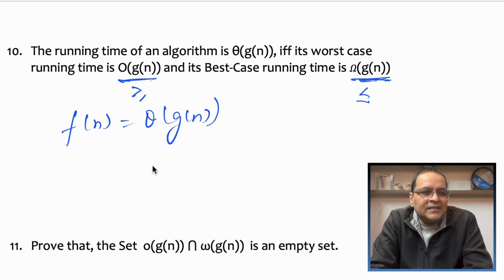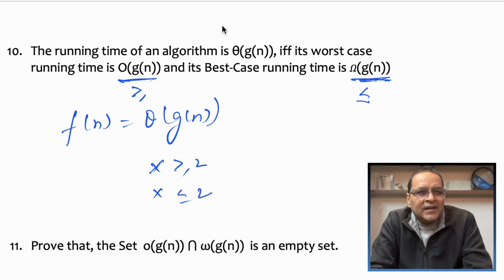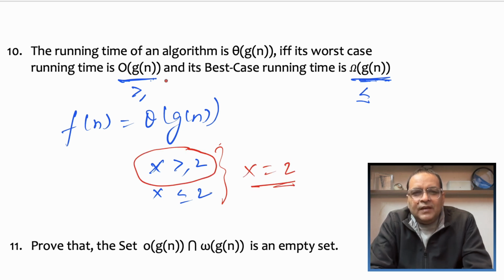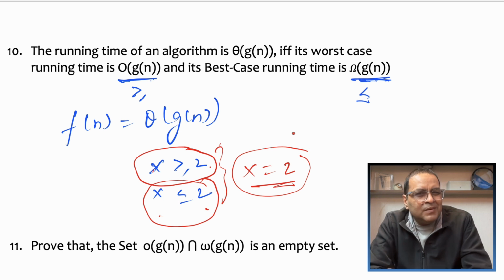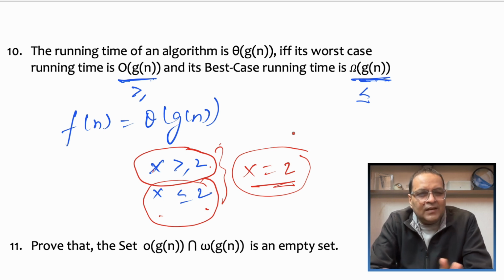So if I say that x is greater than or equal to 2 and x is less than or equal to 2, and both of these statements are correct, it essentially implies that x is equal to 2. If a function fn is big O of gn and if fn is omega of gn, then fn must be theta of gn, and the other way around also. So this statement is correct.